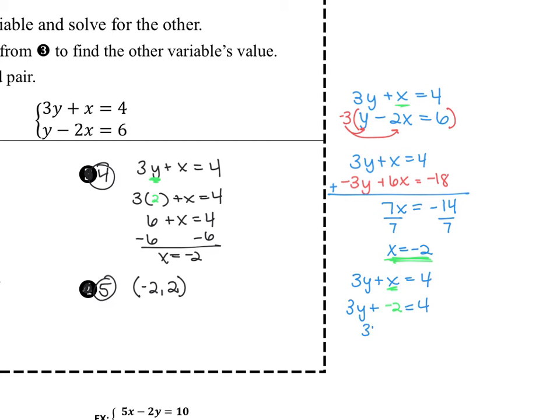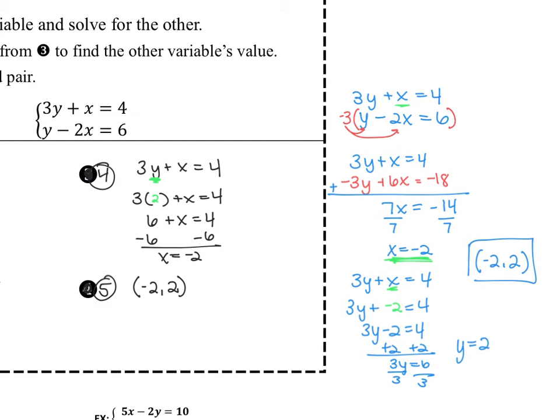Well, so that's really 3y minus 2 equals 4. So I'm going to add 2 to both sides. And we get 3y equals 6. And I'm going to divide by 3. And notice we get y equals 2. It's the same ordered pair. We just solve for the variables in a different order. So negative 2, 2 is the answer.